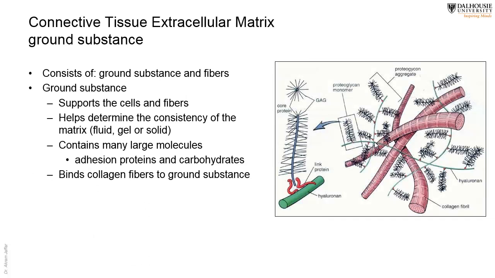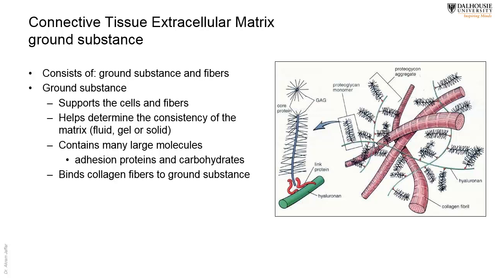The matrix, again, consists of ground substance and fibers. So the connective tissue consists of cells, and we have seen the different types of cells, and consists of matrix, which is formed of fibers and ground substance. The ground substance supports both the cells and the fibers. It determines the consistency. As I mentioned, it might be fluid or gel or solid, and so it determines the consistency of the tissue itself.